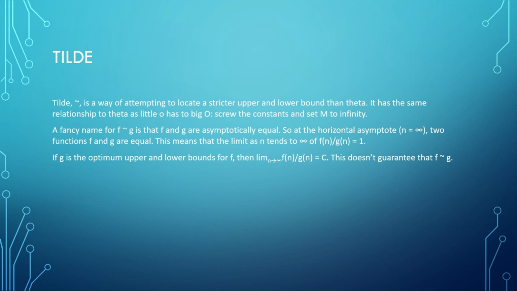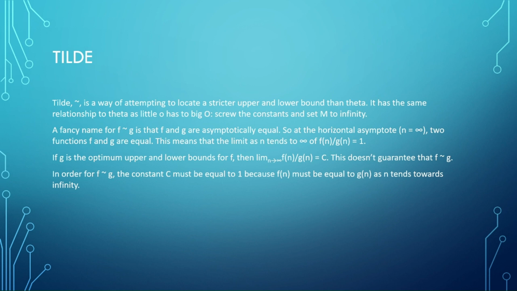It does mean that f is of theta g, as we saw in the previous slide, but it doesn't guarantee that f is of tilde g because it's slightly stricter. In order for f to be of tilde g, the constant c must be equal to 1 because f of n must be equal to g of n as n tends towards infinity, asymptotically equal.